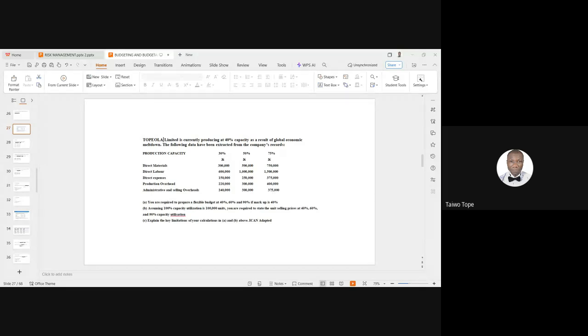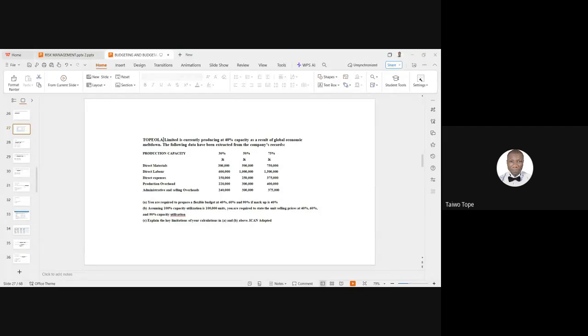I know the question coming to your mind is, it is stated that this is production overhead, so why are we now using 400 as a whole and 220 as a whole? The concept is that variable cost varies, which is why we are not determining fixed cost with that approach. We determine fixed cost from the total production overhead at 30%, which is 220, less the variable element at 30% activity level.